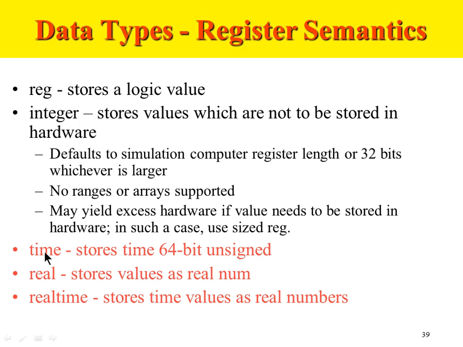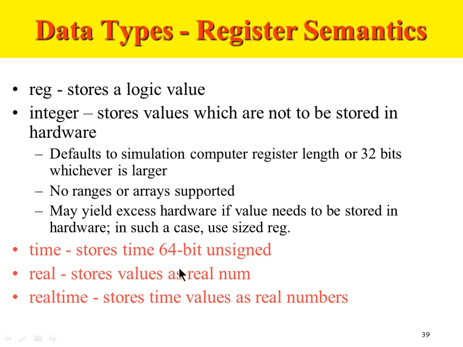Data type time is there as a part of the language, which can store time in 64-bit unsigned format. So time is simulation time, normally when you run a simulation. Real is floating point numbers. You can have fractional numbers, which will be stored as real.